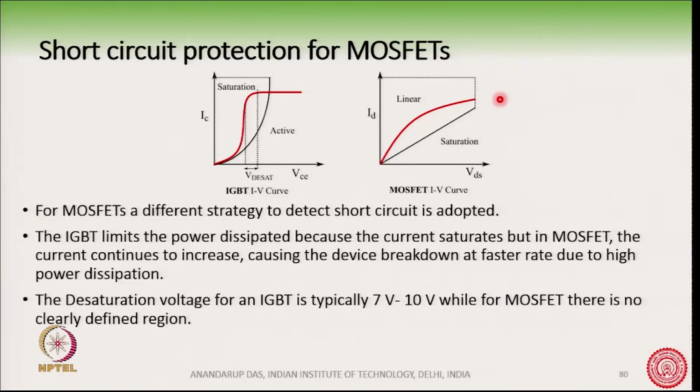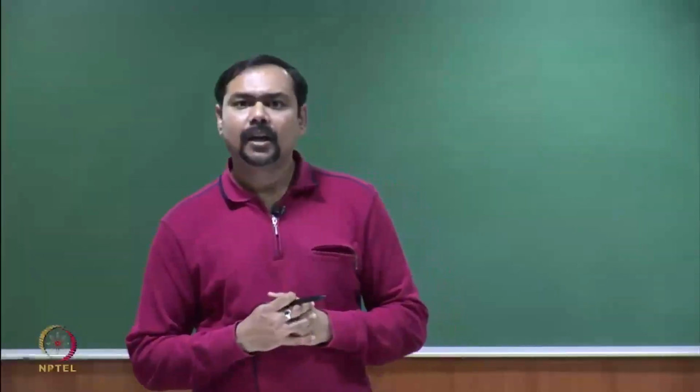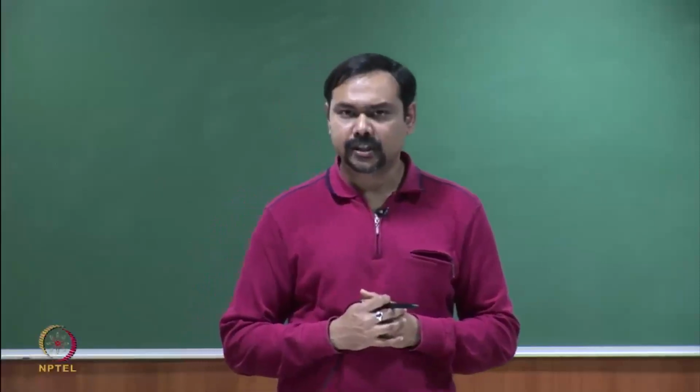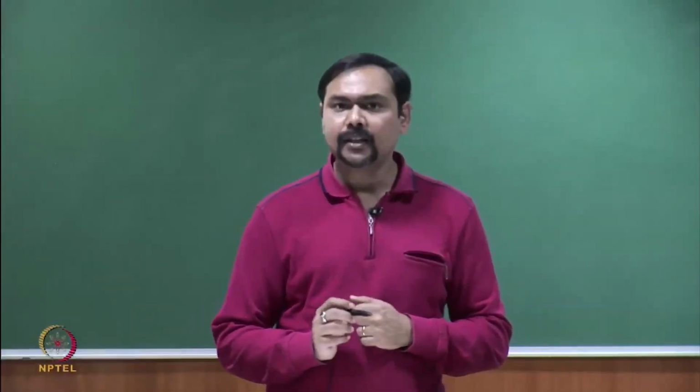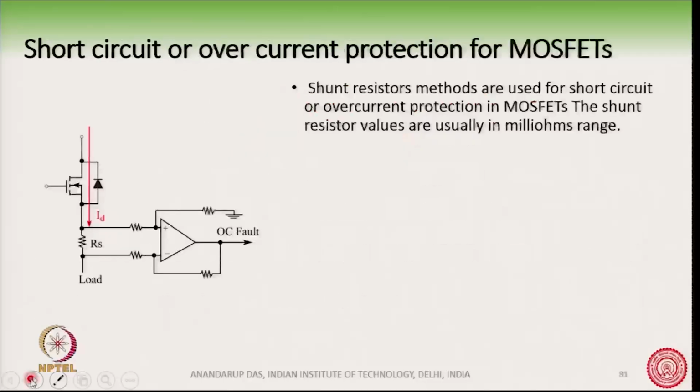So, the desaturation voltage of an IGBT is 7 to 10 volts, but in case of a MOSFET there is no clearly defined region where you monitor VDS and get the correct short circuit condition. So, for MOSFETs the strategy of monitoring the VDS voltage does not work.